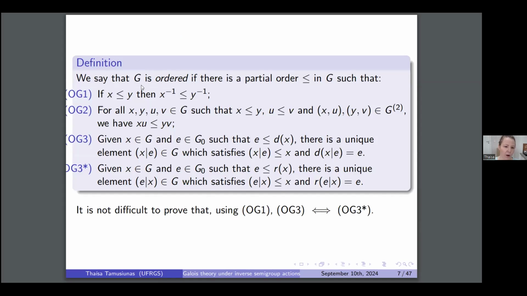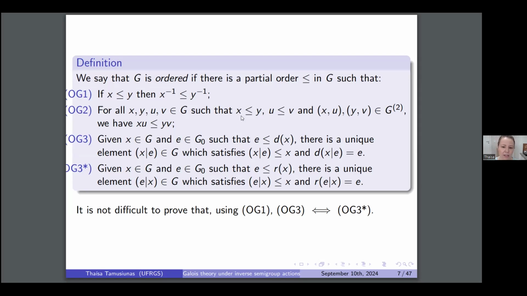If G is a groupoid, it's said to be ordered if there is a partial order in G such that the following conditions are satisfied. So this partial order preserves inverses, in the sense that if X is less or equal than Y, then the inverse of X is less or equal than the inverse of Y. And this partial order preserves products where it makes sense.